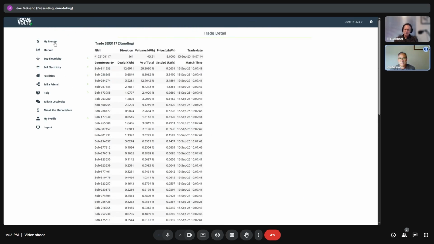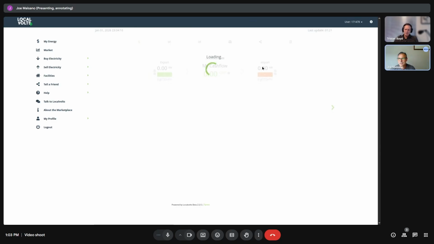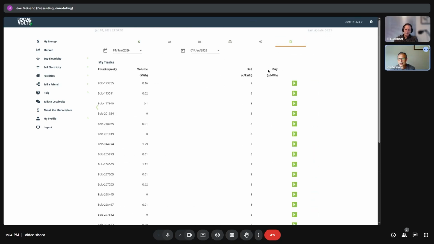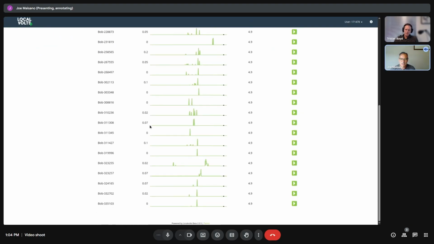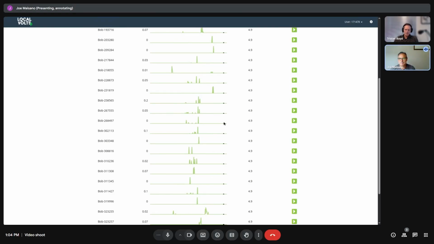So as I was saying on the My Energy one before, these trades are not necessarily a single trade. So this is every trade on that day I've done with this counterparty. That will be the sum of that.